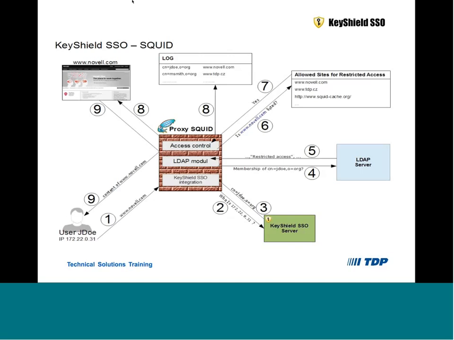So it reads information from the LDAP server, number 4, then it gets back a list of groups. Number 5, it learns that the user is a member of the restricted access group. So it goes to the list of allowed sites. We have number 6. Then it finds, okay, novell.com is allowed, no problem. Number 7, yes, you can go ahead. It's logged, it just records that this user was visiting this website, and then the user gets the information.